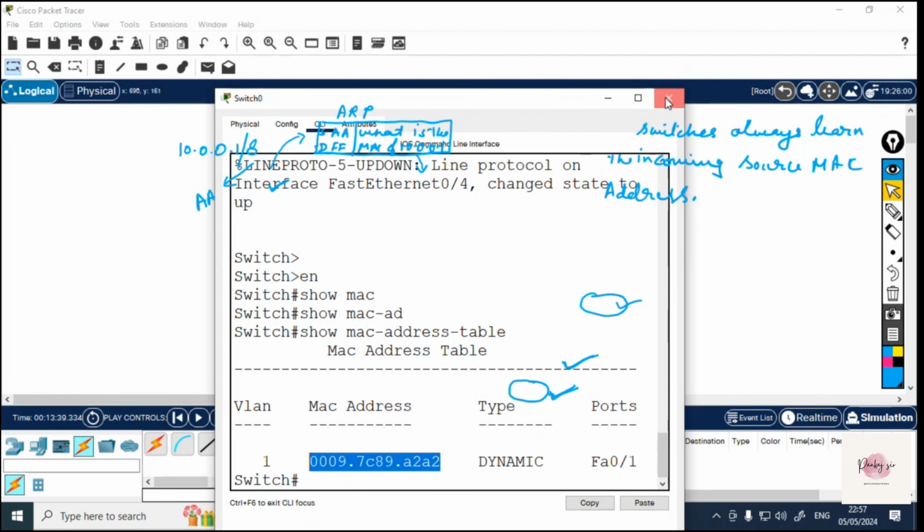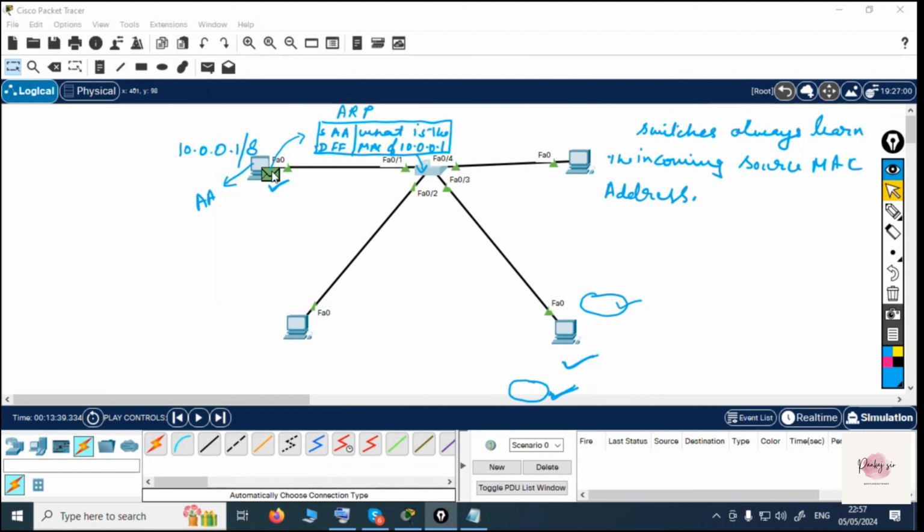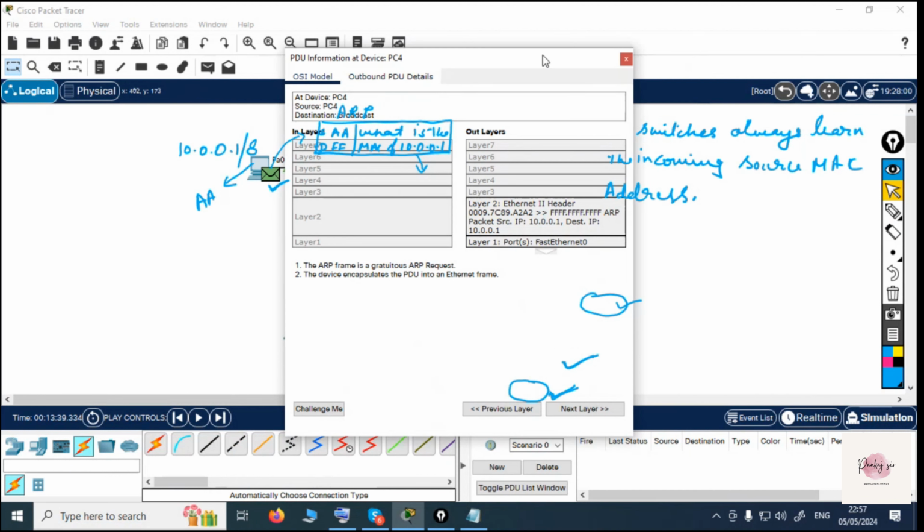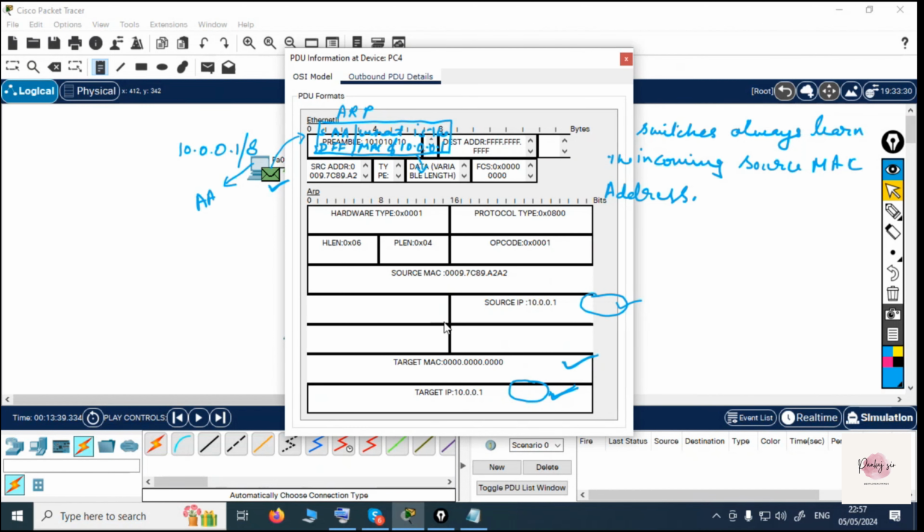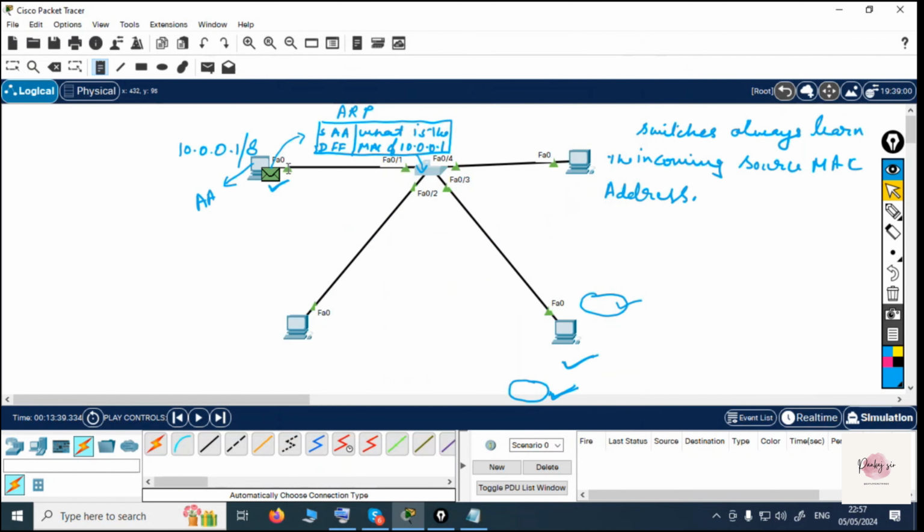Let's copy it and check here. What is written here? See, 00097C89AZ. So this is the MAC address of this PC. So the source MAC address will be the MAC address of this PC, isn't it?